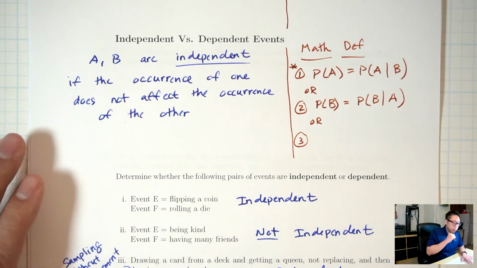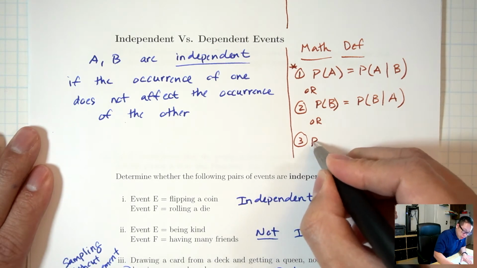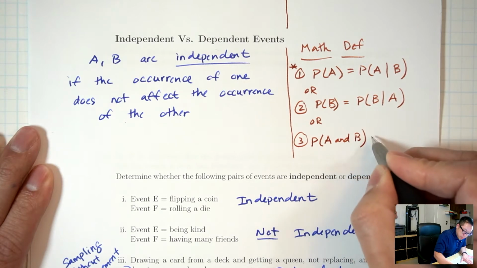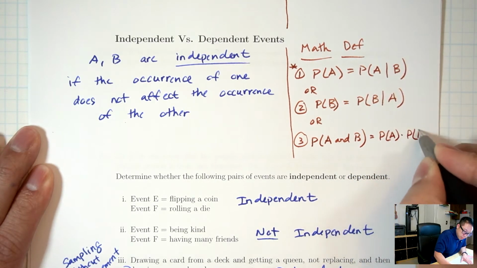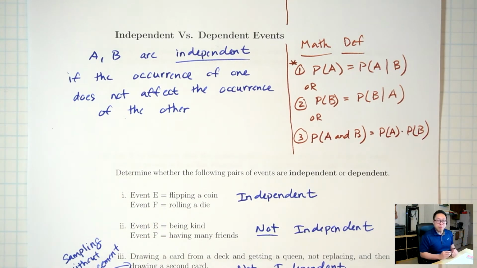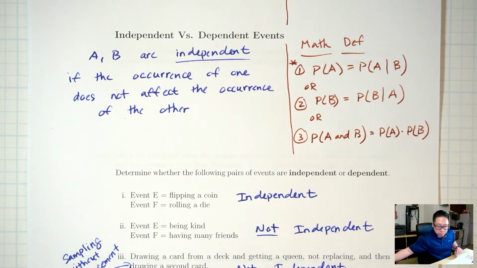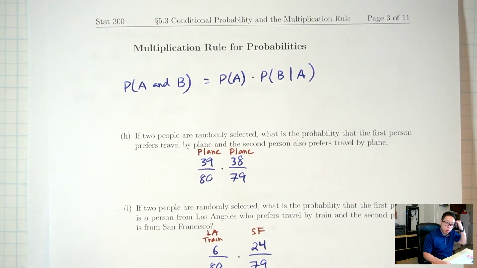The third one you could check. I almost don't even want to write this one, but I'll write it anyway. So the third one you could check is probability of A and B equals probability of A times probability of B. This last one comes from the multiplication rule that we just talked about earlier.